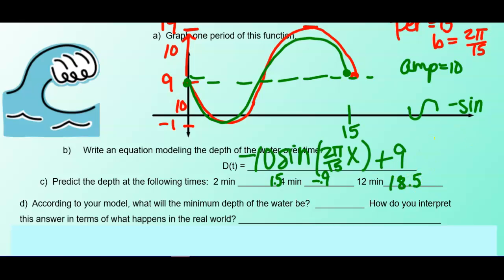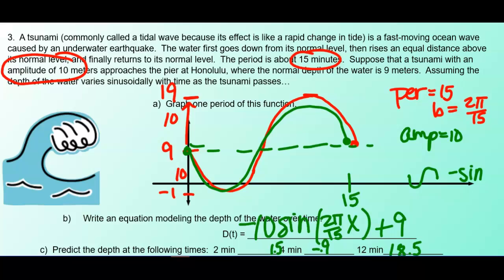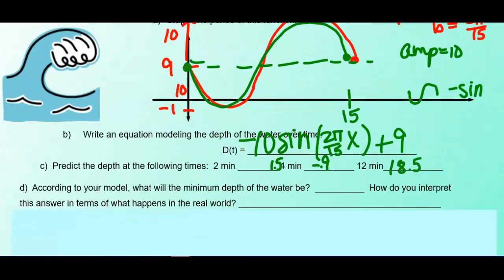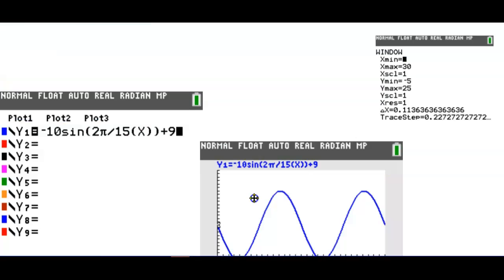Was it meters? I need to double check. Yep. And did this get to 1.6? I don't remember. Meters, meters, meters. Minimum depth is negative 1, and the water recedes would be what I would use, that word. I'm not sure I'm spelling that correctly.